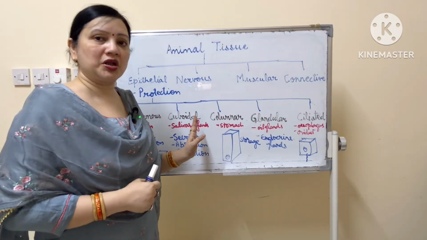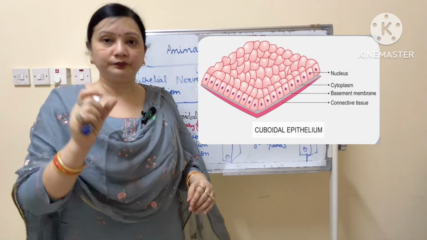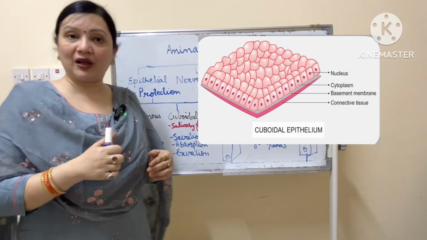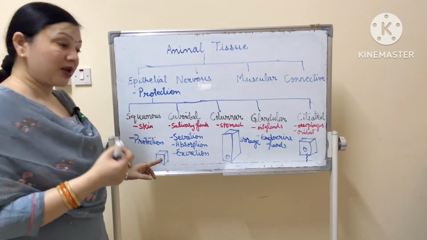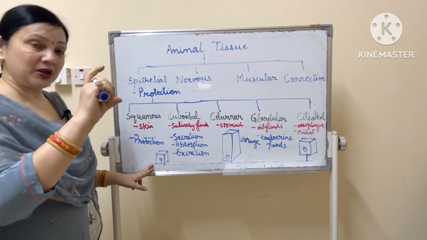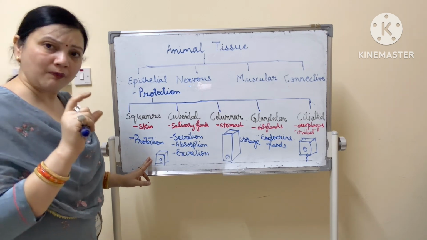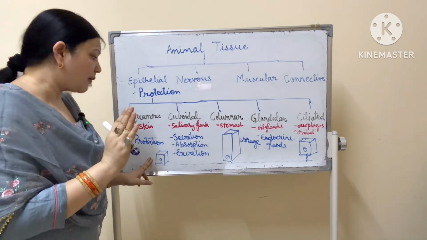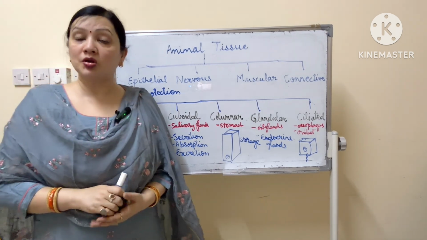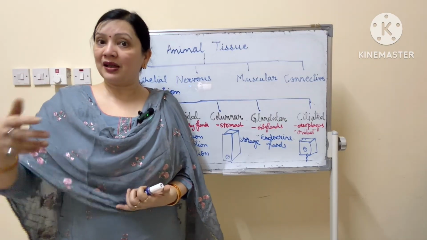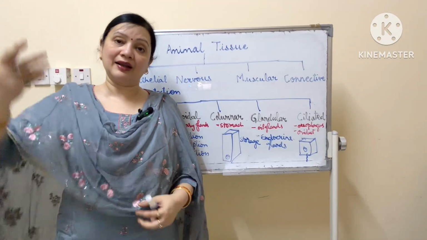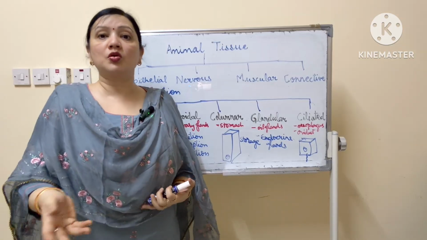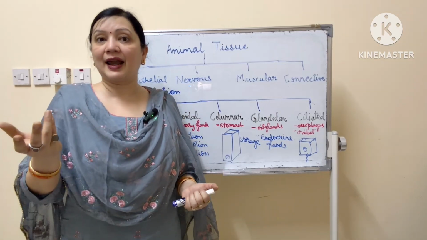Next is cuboidal. The name tells cube. So the shape will be either somewhat like a cube or a cuboid. That means the height will not be too much, but it will be a small box. So in small amounts, things can be stored here. So maybe the gland is making more secretory things, more hormones, or like salivary glands.